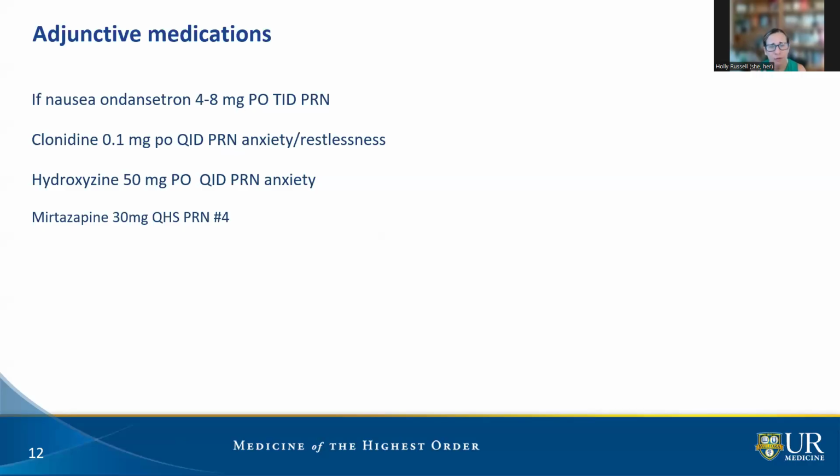For the anxiety and restlessness feeling, we often use clonidine as long as their blood pressure will tolerate it. We use hydroxyzine for anxiety or sleep issues, and similarly mirtazapine for sleep issues as well. These medications often are prescribed in conjunction with the medications for opioid use disorder or for patients who are otherwise going through withdrawal.